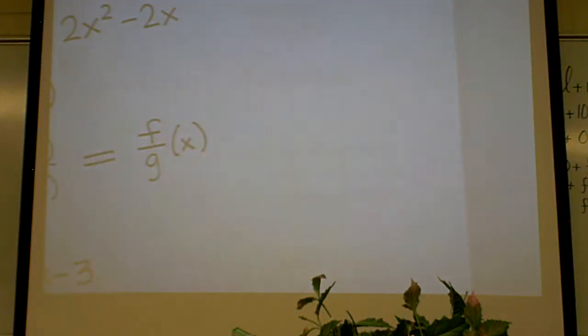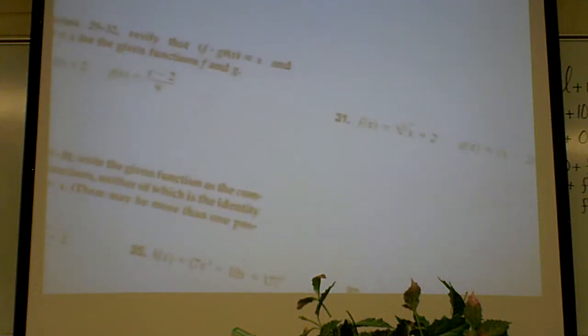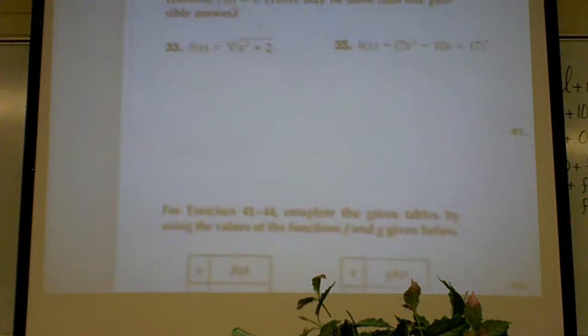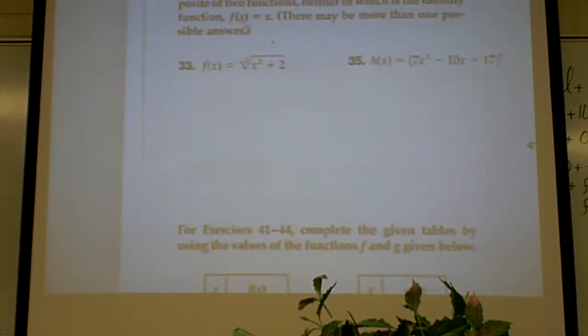So with that, I want to practice a couple of them with you. Go to the very back. We're going to do 33, 35, and 37 together. 33.